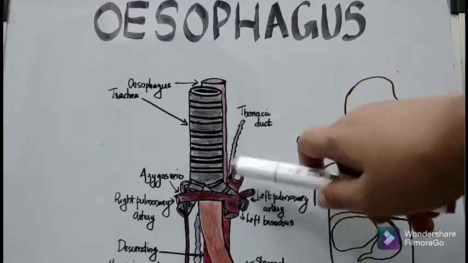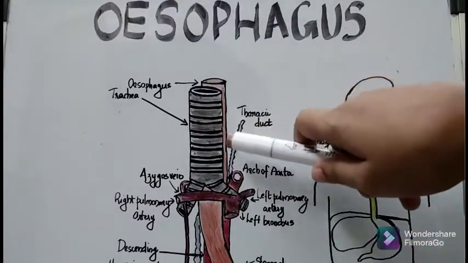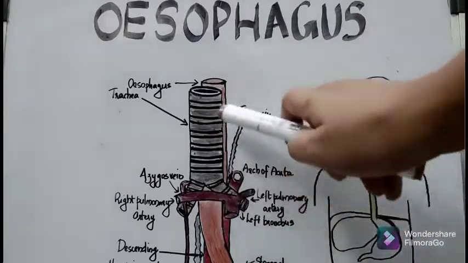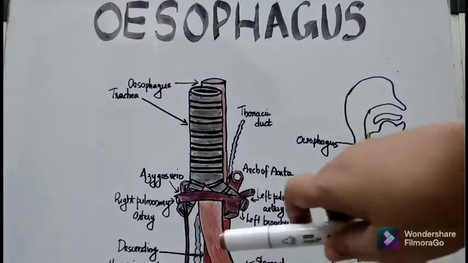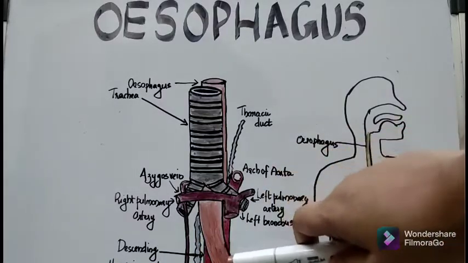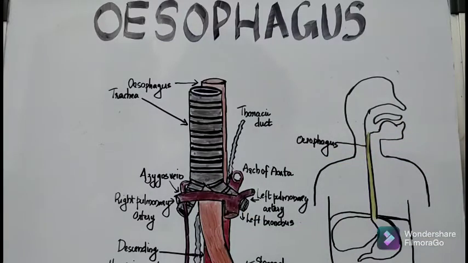The thoracic part is supplied by the esophageal branch of the aorta, and the abdominal part is supplied by the esophageal branch of the left gastric artery. So these are the arterial supply.